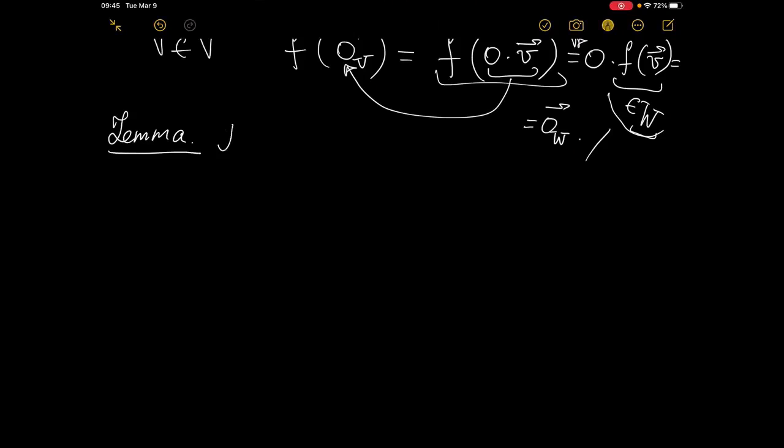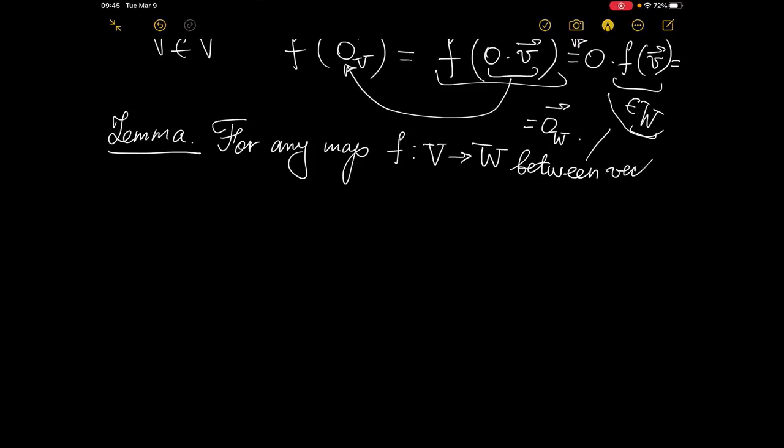For any map, pay attention, here I'm saying any map, F from V onto W between vector spaces, which means any map mapping vector space V onto vector space W, these statements are equivalent.